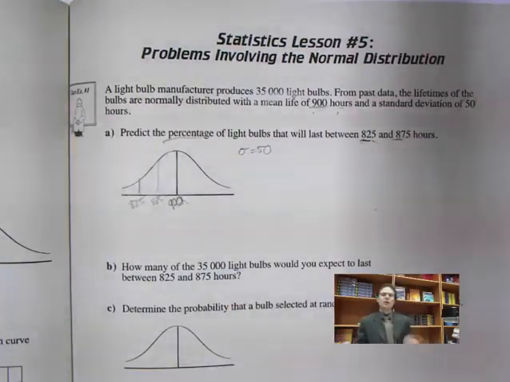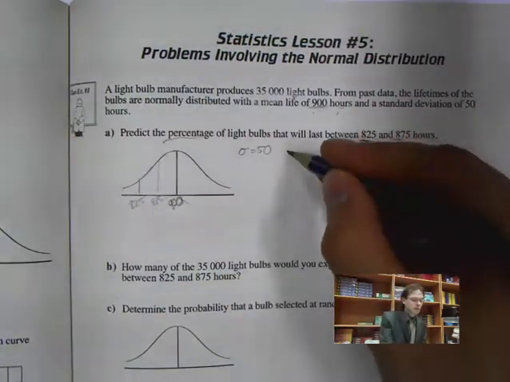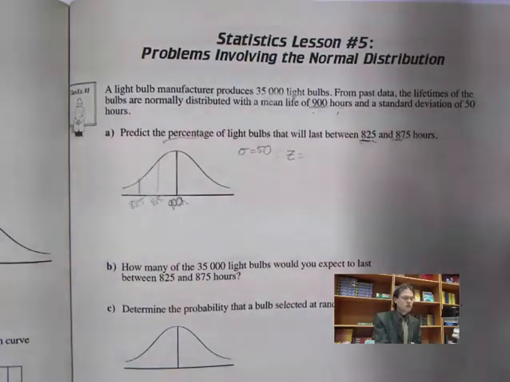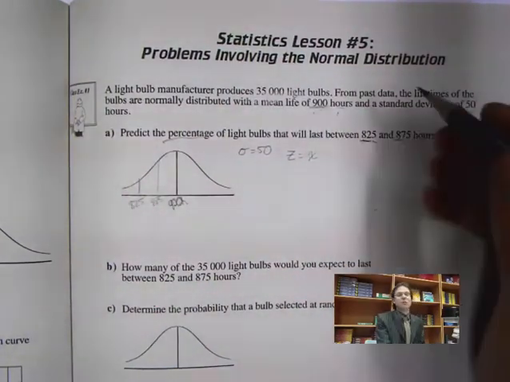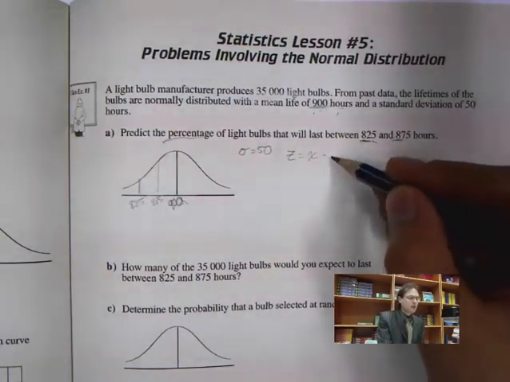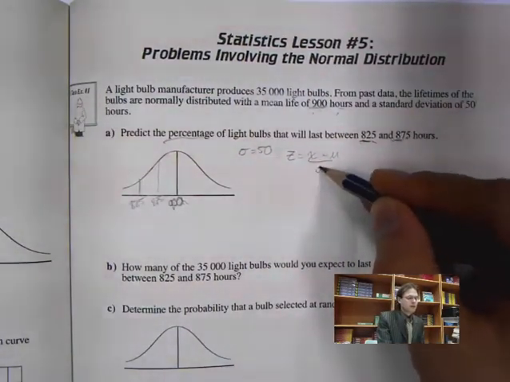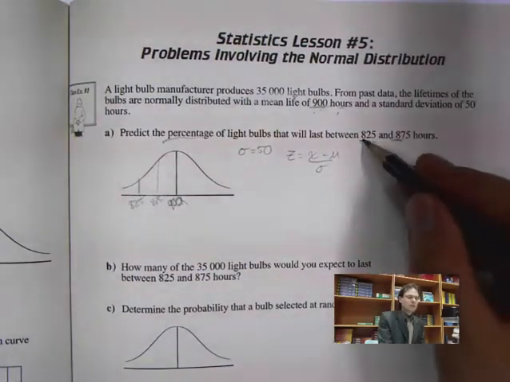Now we're going to look at our trusty formula for the z-score. The z-score is equal to the data point we want, subtract the mean, all divided by the standard deviation. Let's take a look at 825.